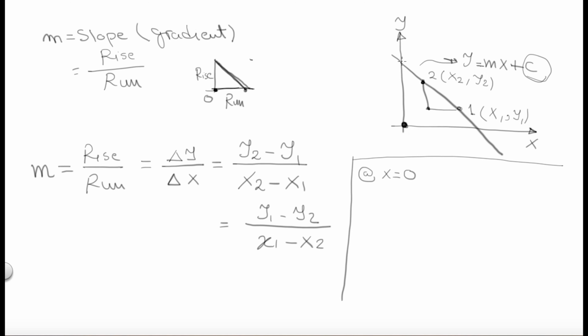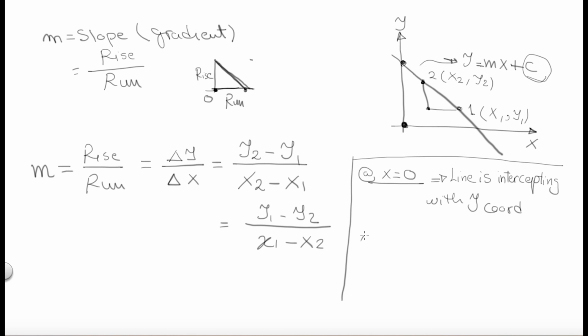So what is this point? This is the point where the line intercepts the y coordinate. So at x equals 0, the line is intercepting with the y coordinate.